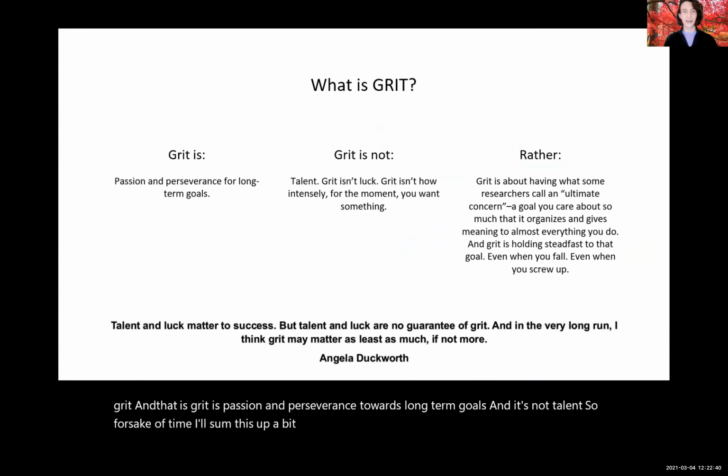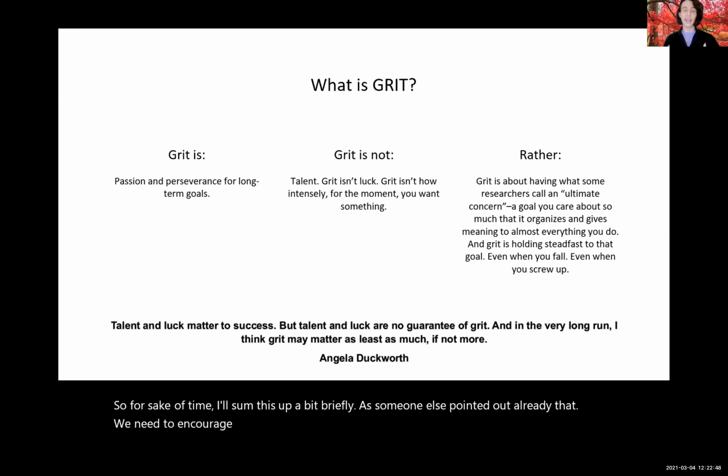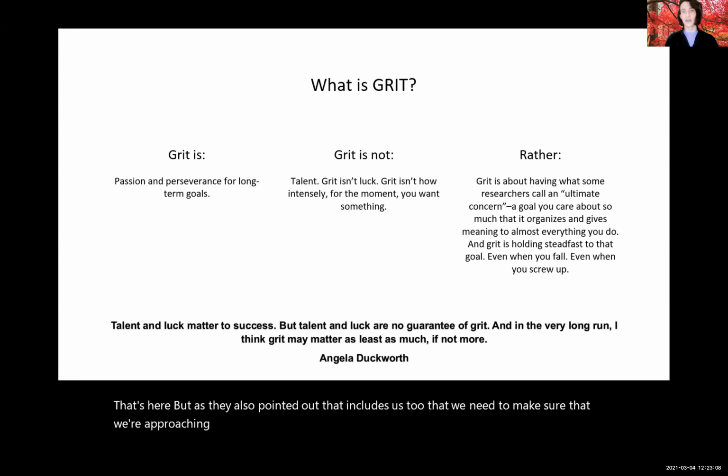As someone else pointed out already, we need to encourage students to understand themselves within the growth mindset rather than the fixed mindset, which I'm probably preaching to the choir with the group that's here. But as they also pointed out, that includes us too, that we need to make sure that we're approaching these items with a growth mindset and providing the ability and the space for those students to grow. Sorry about my dog there.